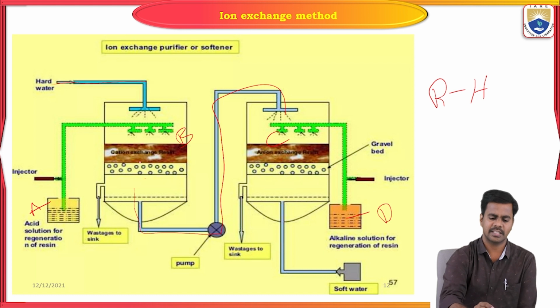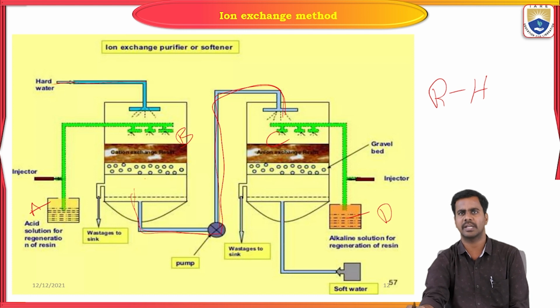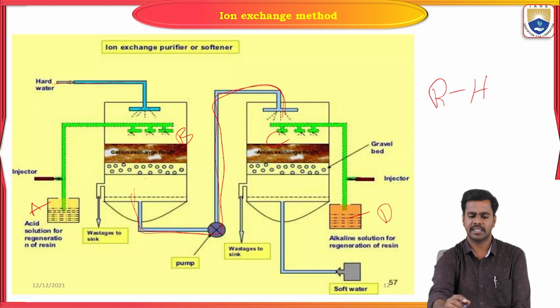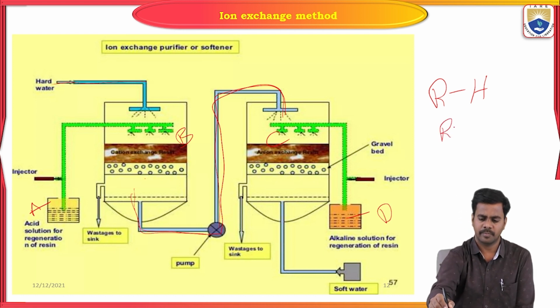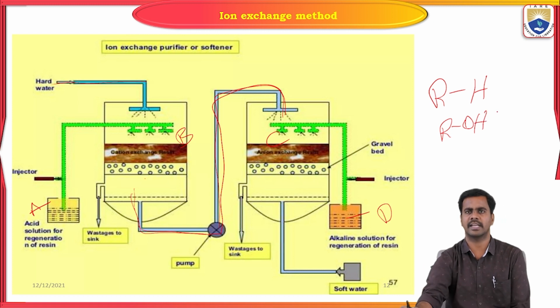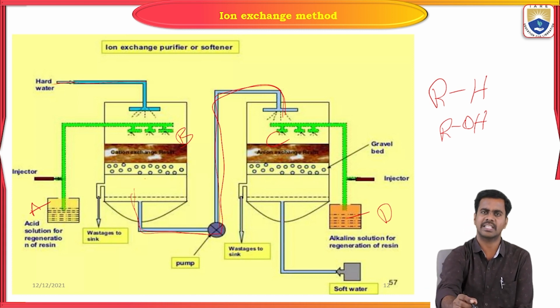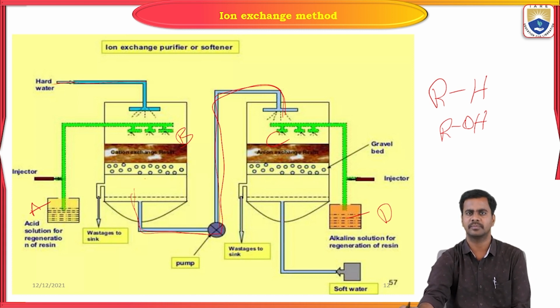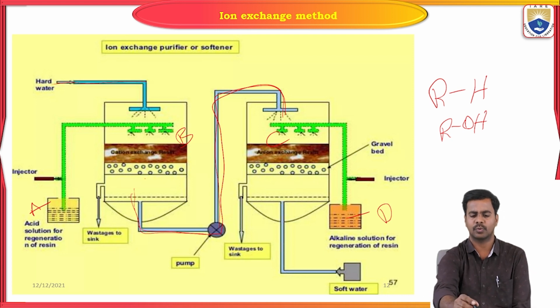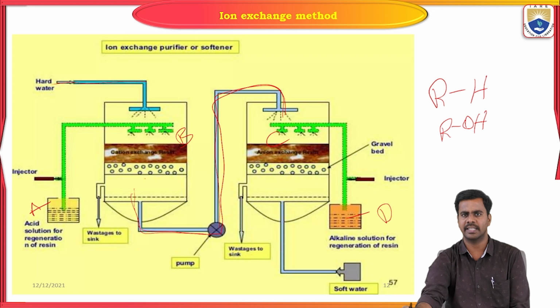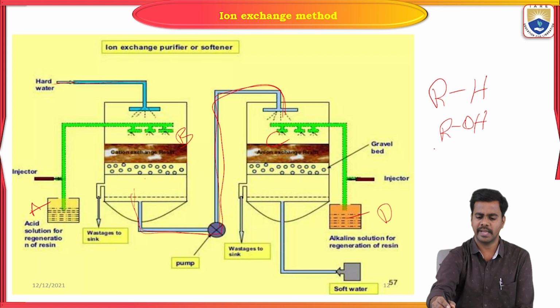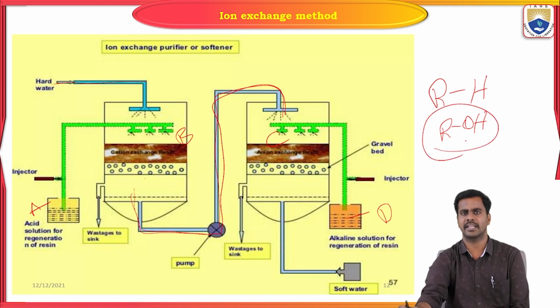After removing cations, the water which contains anions only is passed into tank C. Here tank C contains basic resin or anionic resin, that is ROH. So when water which contains anions only percolates through the anionic resin, the anions are removed by the basic resin or anionic resin.